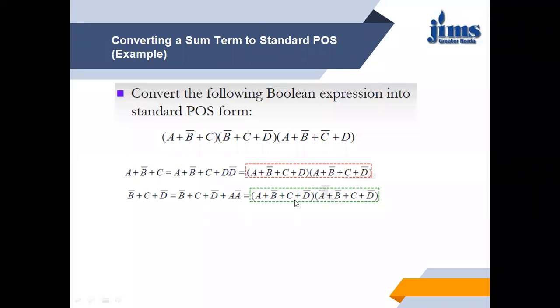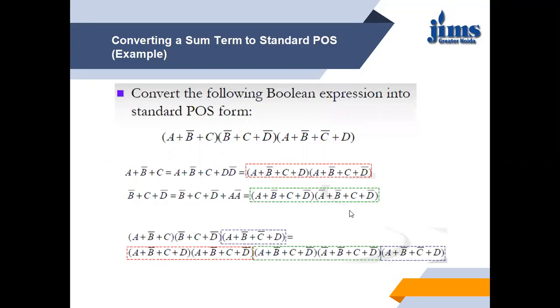So when we expand it, the first is (A plus B bar plus C plus D bar). This is the first term. And again (A bar plus B bar plus C plus D bar). This is the second term. And when we combine them like this, the first term is in the red lines, the second term is in the green line, and the last term is already in the standard form, then the expression is converted into the standard form.